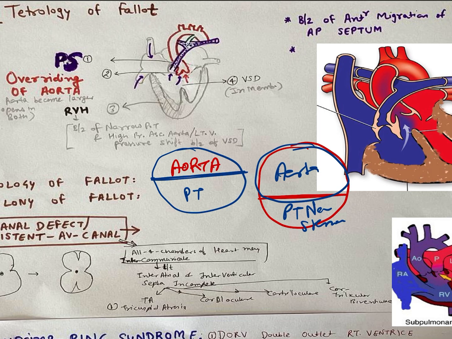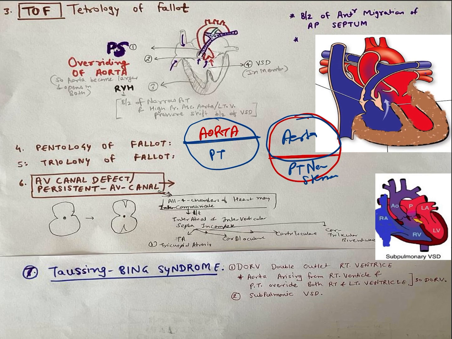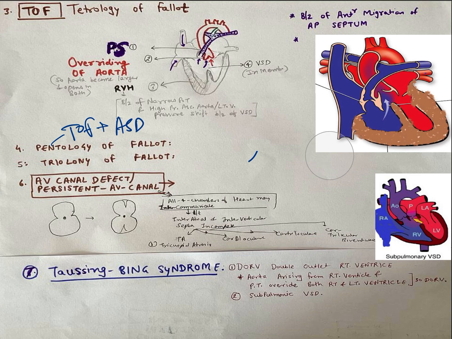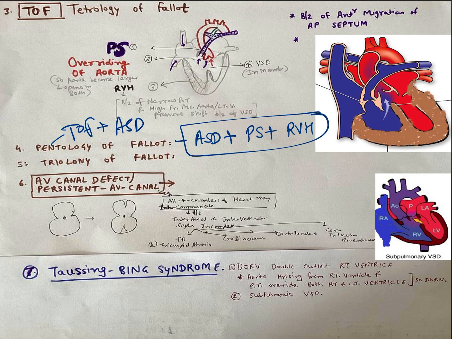If one more finding gets added in this tetralogy, then it becomes pentalogy. TOF plus ASD is known as pentalogy of Fallot. And what is trilogy of Fallot? In trilogy of Fallot, ASD along with pulmonary stenosis with RVH is trilogy of Fallot.